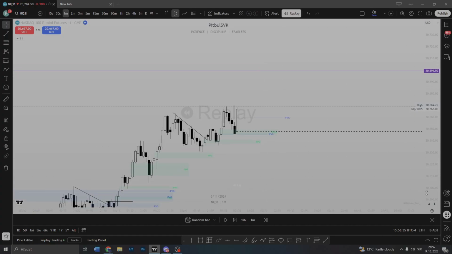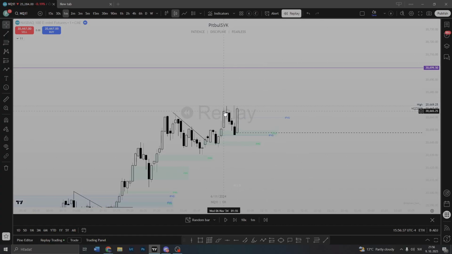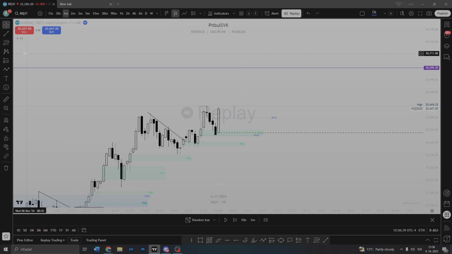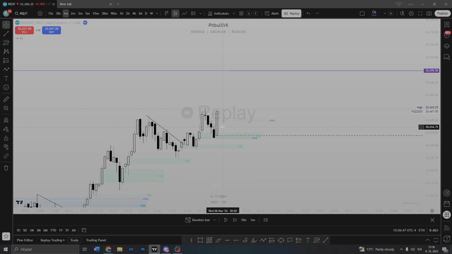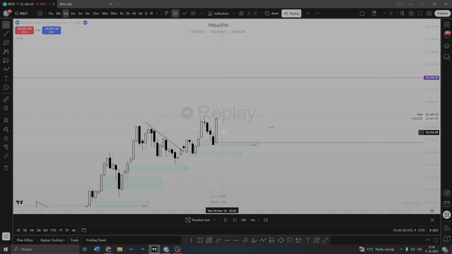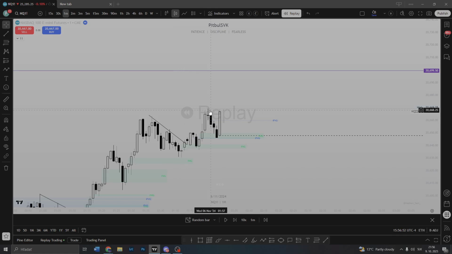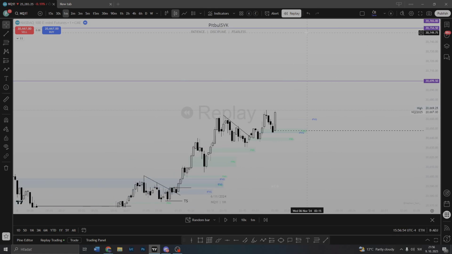Also, I would like to say that this is the next possible entry for longs, but the stop will be pretty huge, mainly for Asia. But it looks good. Basically, we are still respecting the bullish order flow. The draw should still be higher.